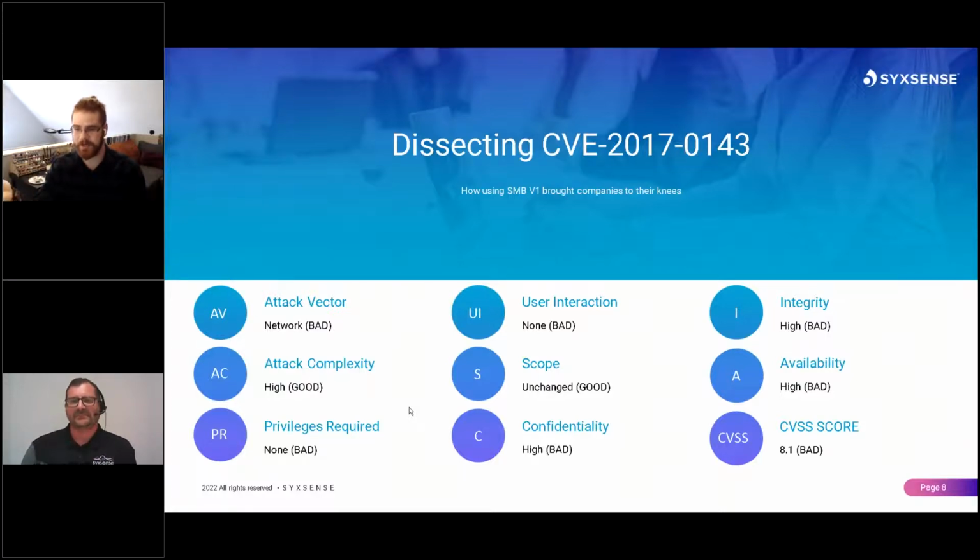The one good thing here is that the scope is unchanged, which means it can't move from SMB over to another service. But frankly, in this particular case, it doesn't have to, so it doesn't really matter. The major components that are going to frustrate are your confidentiality, your integrity, and your availability, and because of all of those things, it has a CVSS score of 8.1.